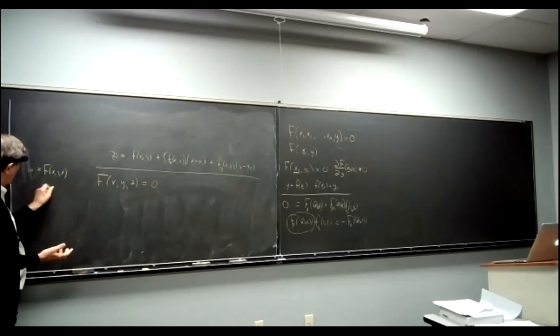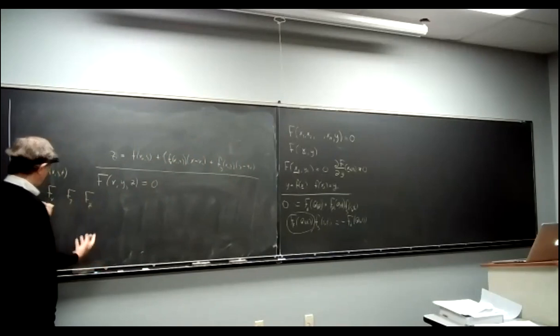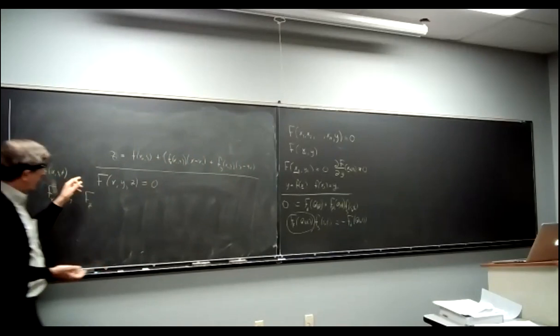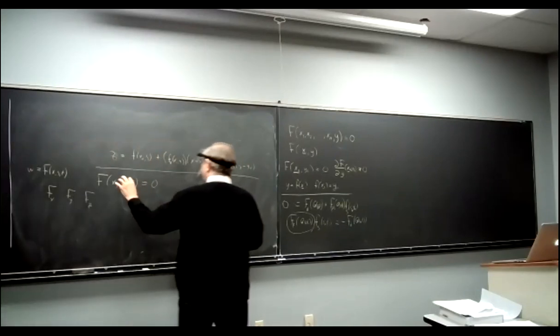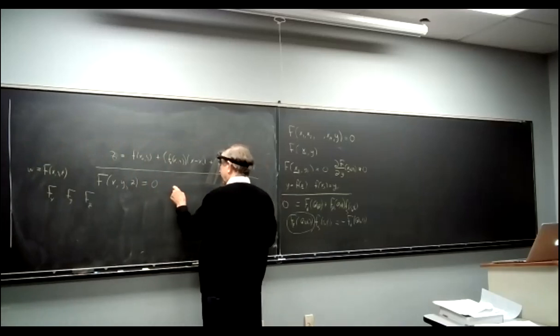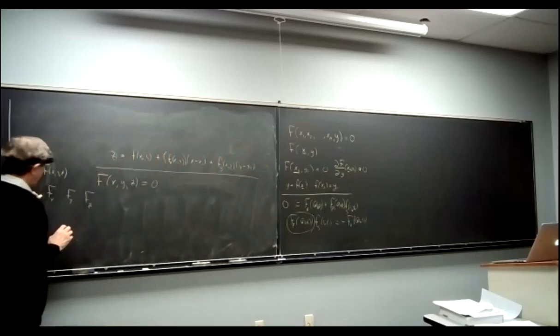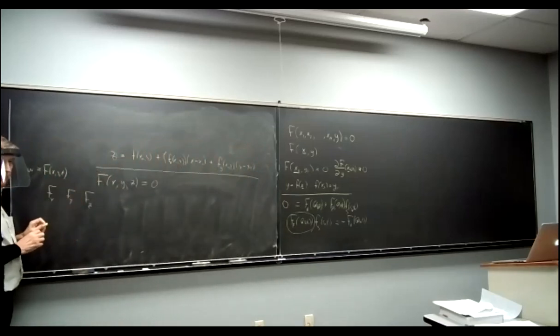Okay? So it will have an f sub x, an f sub y, and an f sub z. Now, if I differentiate this, what I get is a gradient vector. In other words, this f sub x, f sub y, f sub z is called the gradient of the function.